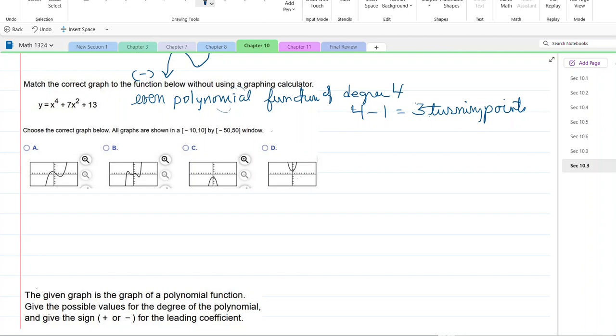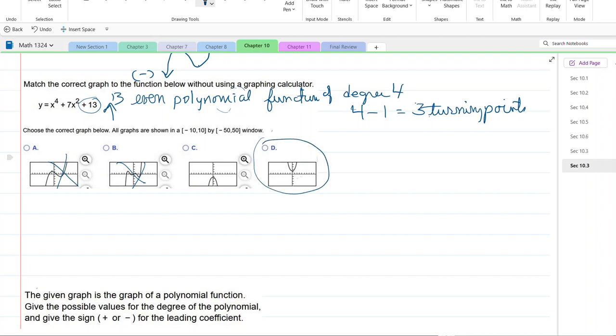If they're perfect squares, it's a different story. So we know it can't be this one. And we're stuck with, so 3. This one has 1, 2, so it's not that one. So it's between these two. Well, it's positive. Now notice that we have a plus 13, which means it's a shift up of 13. So we'd have to say it's this one.